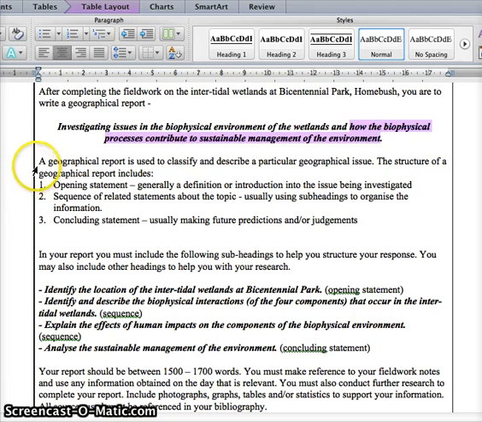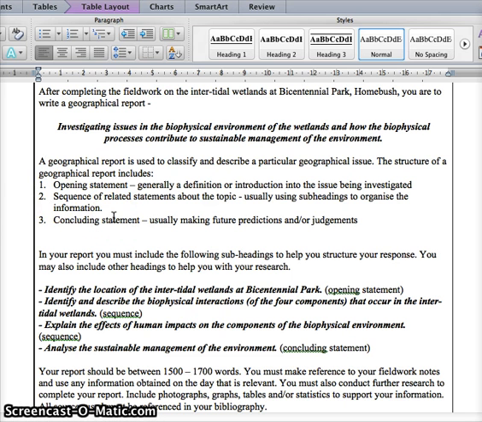But going back up to what a geographical report is, it's basically the structure of how you should put your report together. So start off with an opening statement, generally a definition or an introduction, a sequence of related statements about the topic. So you would use subheadings. In geography, subheadings are fine to use. In other subjects you may not, but definitely in geography you can.